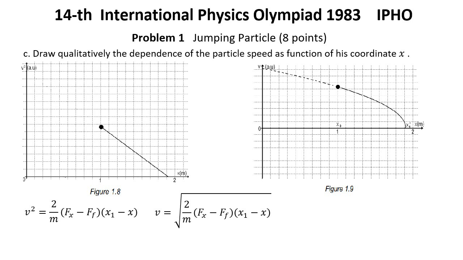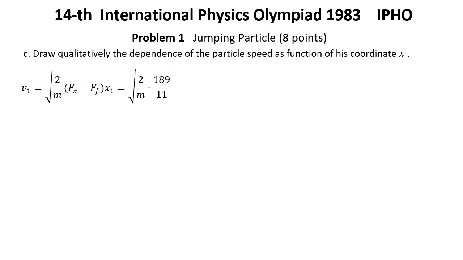For the given data, in the domain 0 to x1, the speed square equals, respectively the speed is, and the speed of the particle hitting the wall a second time has the value.